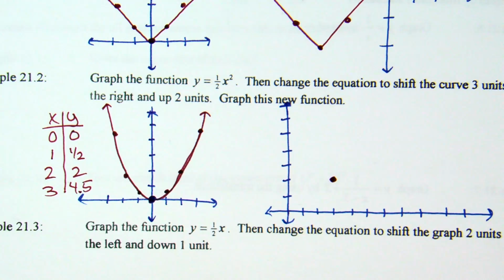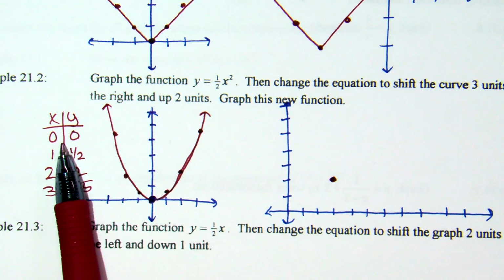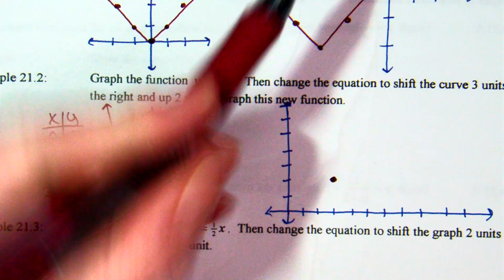We could go right 1, up a half. We could also go left 1 and up a half. From this vertex, you can go right 2, up 2. And then you can also do the same with 3, left and right 3, up 4.5.